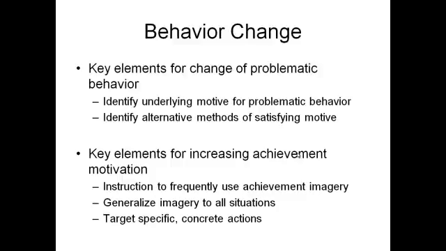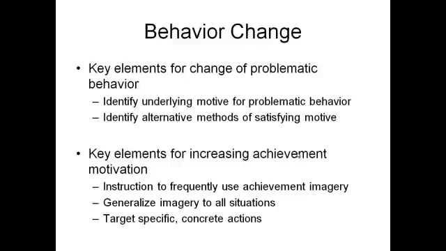Achievement motivation. A lot of people are interested in how can I be more successful? How can I make a lot of money? That kind of thing. Well, you can encourage in your company, let's say, more images of achievement to help inspire people to be successful. You can find ways to get people to engage in specific behaviors that will effectively satisfy that particular need for achievement.